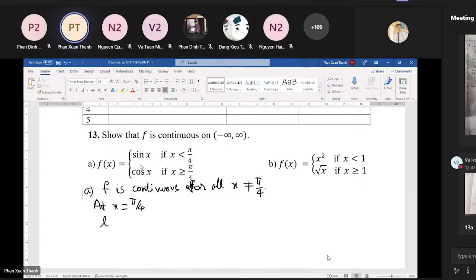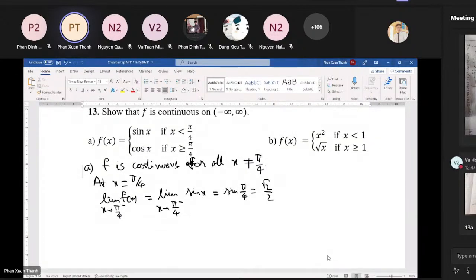So we have the left-hand limit, the limit of f. You should give more detail about it. The limit of f(x) as x approaches pi over 4 from the left equals the limit of x approaching pi over 4 minus of f(x), which equals sine x, equals sine pi over 4, equal square root of 2 divided by 2. And also the right hand limit, we can write here, limit of f(x) as x approaches pi over 4 from the right.